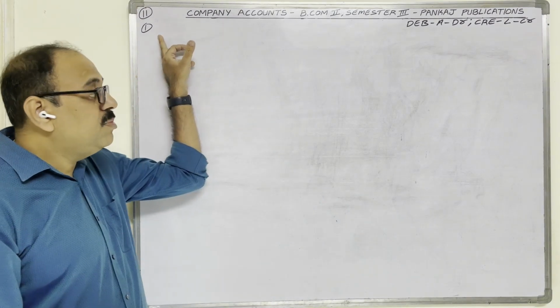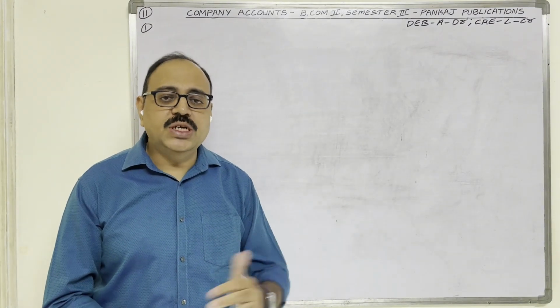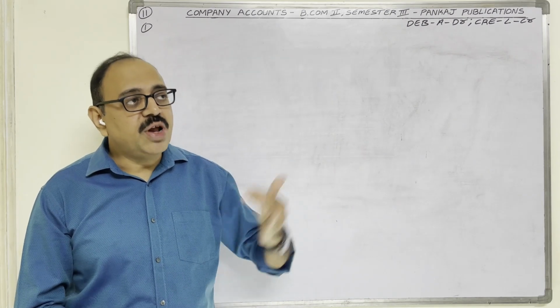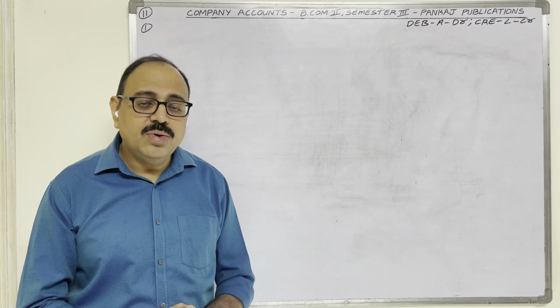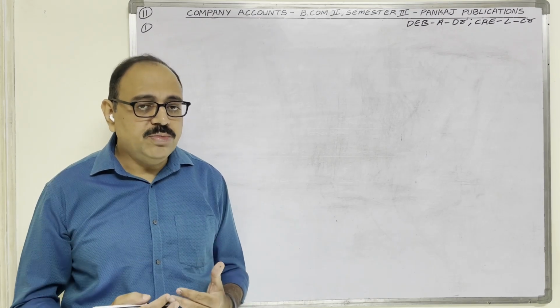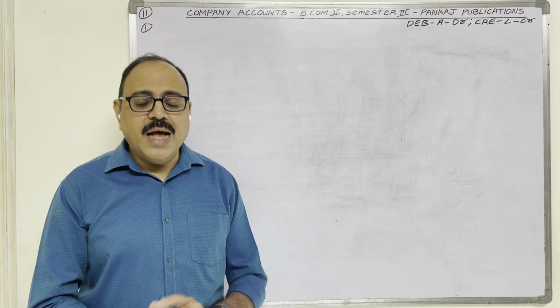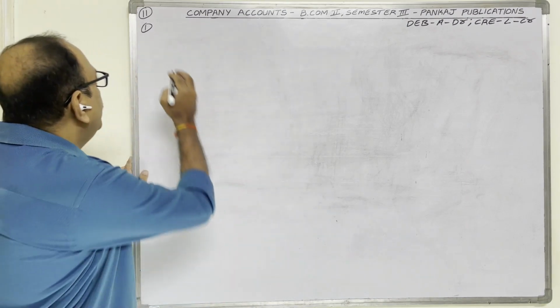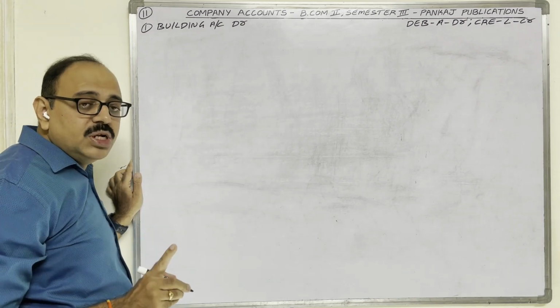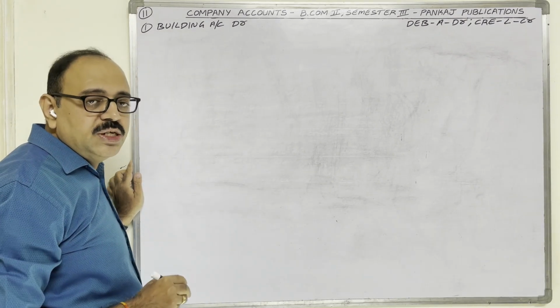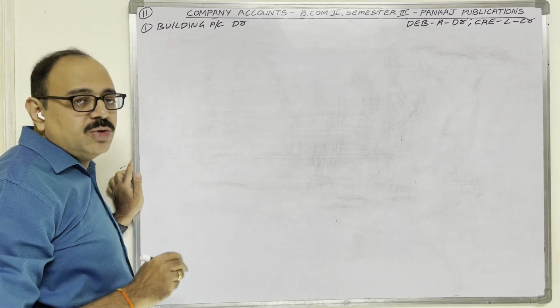The first entry is for purchasing the building and issuing shares. The company is buying a building from the sellers. Building is an asset, no? Assets come under real account. Real account rule: debit what comes in, credit what goes out. As the building is coming to us, we have to debit the building account. Amount: the company is issuing 8,000 shares at 10 rupees each, meaning the building value is 80,000.